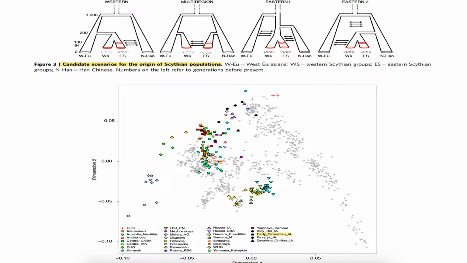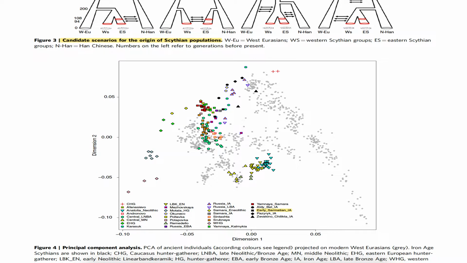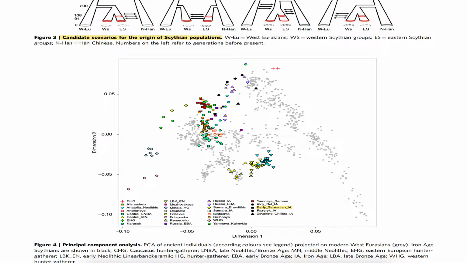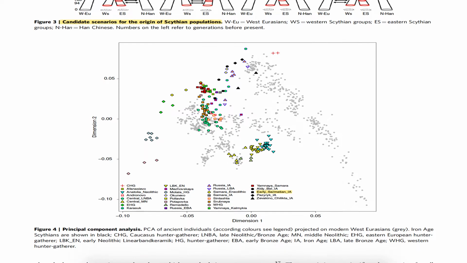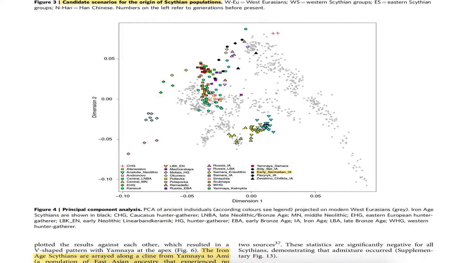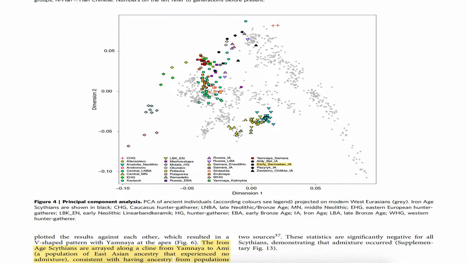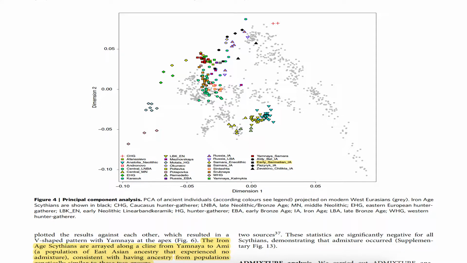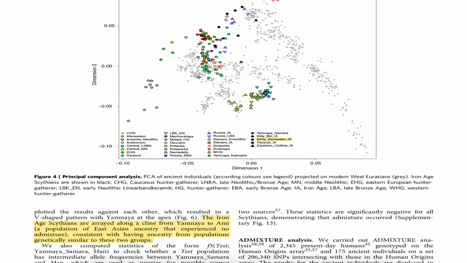So interesting with this chart it says candidate scenarios for the origin of the Scythian populations, but the only one I can see that would represent the Scythians would be the Sarmatian of the Iron Age, and we see that it's clustered with central, what is that, central LNBA. So, Caucasus hunter-gatherer. Alright.